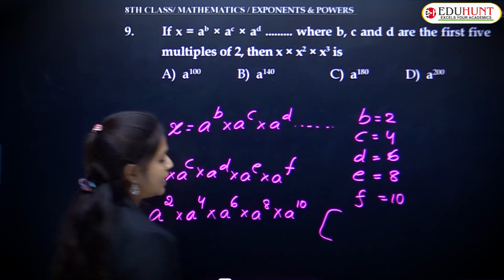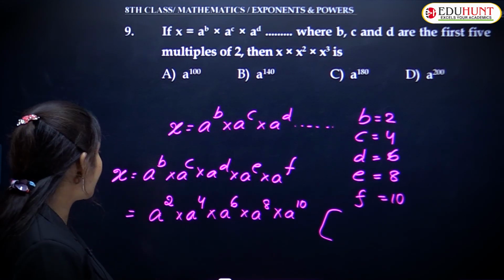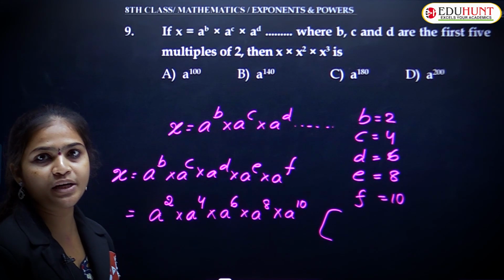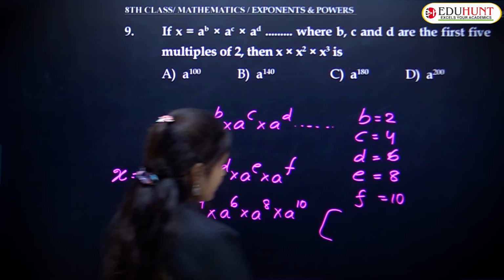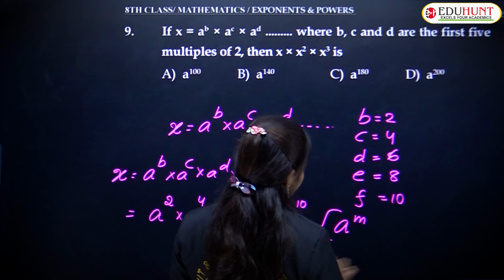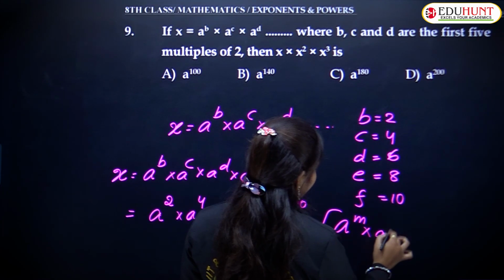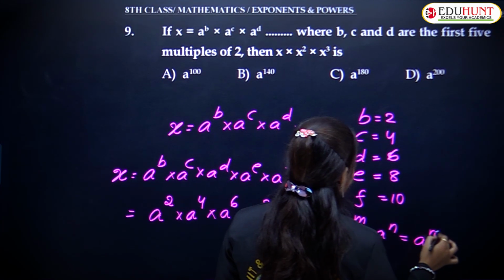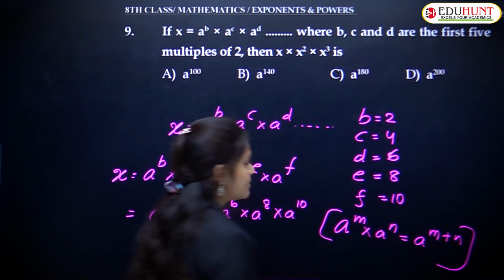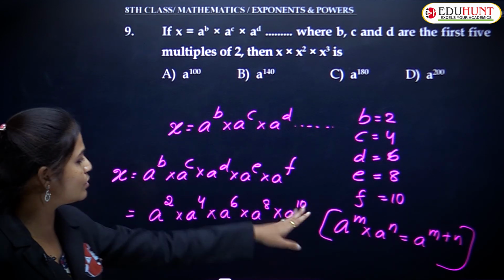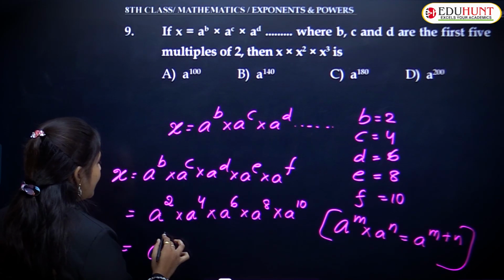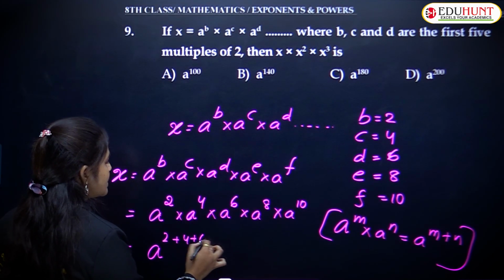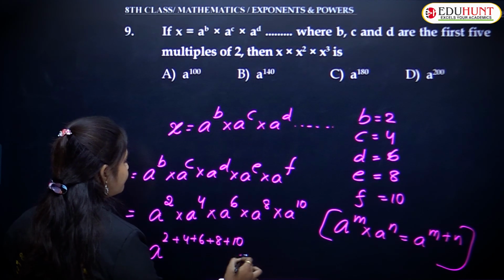So here we can use one of the formulas. This is in the form of a power m into a power n into a power x into a power y and so on, which is equal to a power m plus n. Okay, so a power m into a power n is equal to a power m plus n is the formula. That is the general form they have given, so directly we can use the formula. From this, a power 2 plus 4 plus 6 plus 8 plus 10.